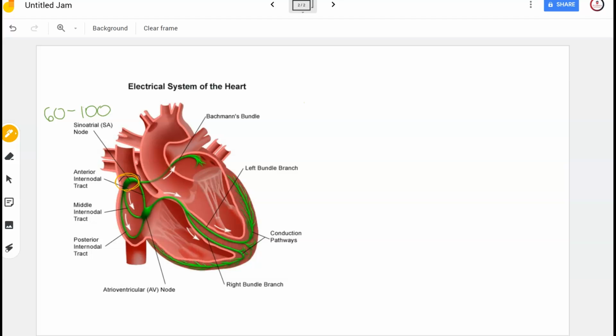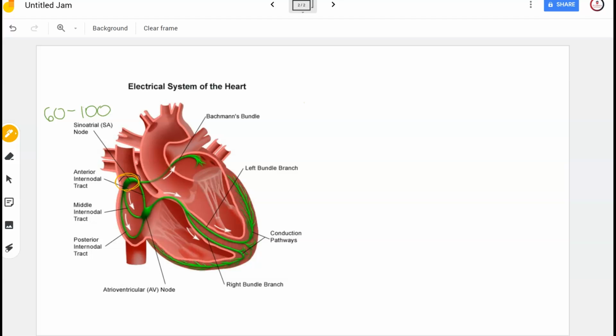Because it's the main pacemaker, it releases this impulse down these pathways. If you look at these pathways as the express lane, there's nothing impeding the flow of the electric. It's moving very rapidly, and it gets to where it needs to be.